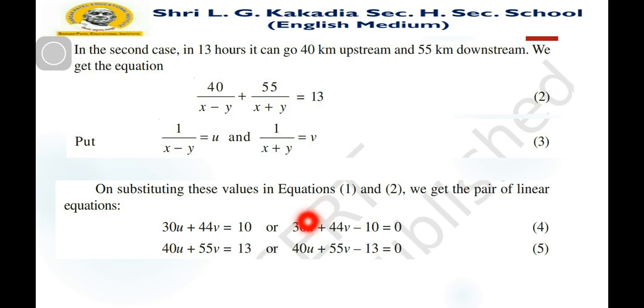Hence we can also write in standard form: 30u plus 44v minus 10 is equal to 0, and 40u plus 55v minus 13 is equal to 0. Now we find the values of u and v, then we put them in the given equations, and we can find the speed of the boat in still water and also the speed of the stream.